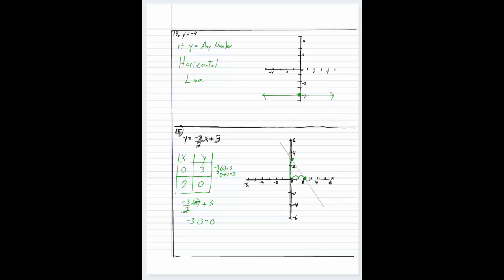Very good. And (-7, 0) is 7 spots to the left. 1, 2, 3, 4, 5, 6, 7. Then we will connect the dots. And we're done.